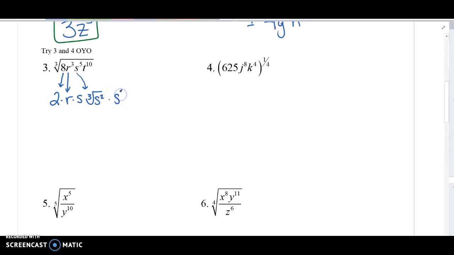So 3 groups, oops, this is t, not s. 3 full groups are able to come out, leaving 1 left over. Okay? Think of it as 10 divided by 3 is 3, remainder 1. The remainder is what's left under the radical.